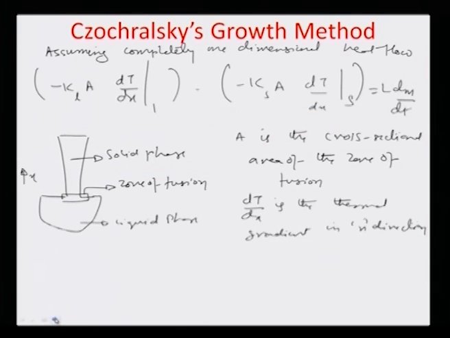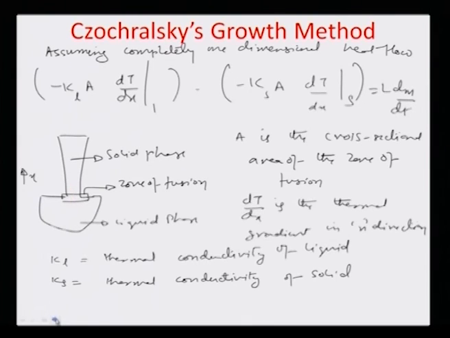That is really what the Czochralski process is about. dT/dx, of course, is the thermal gradient in the x direction, either from the liquid to the zone of fusion, or from the zone of fusion to the solid, and K_L and K_S are respectively the thermal conductivities of the liquid state and the solid state of the silicon.